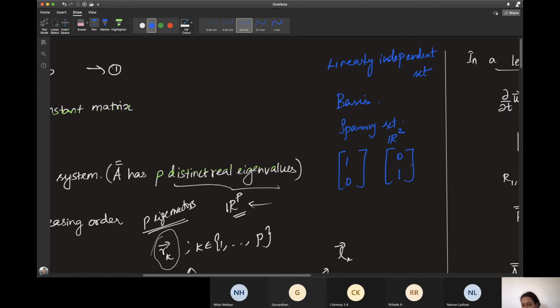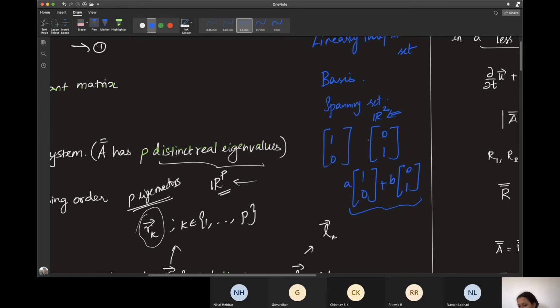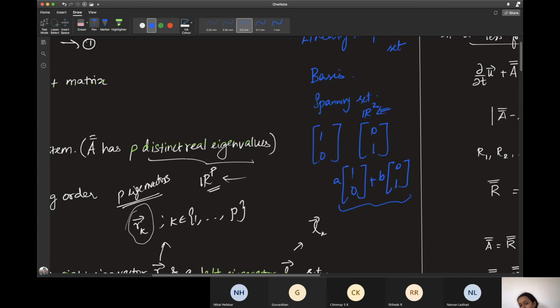From these two vectors, is it possible for you to get all the vectors in the space R2 by doing any linear combination? Let's say you have a into (1, 0) plus b into (0, 1). Now this is a linear combination of these two vectors. So with these two vectors, can you get all possible vectors in R2?